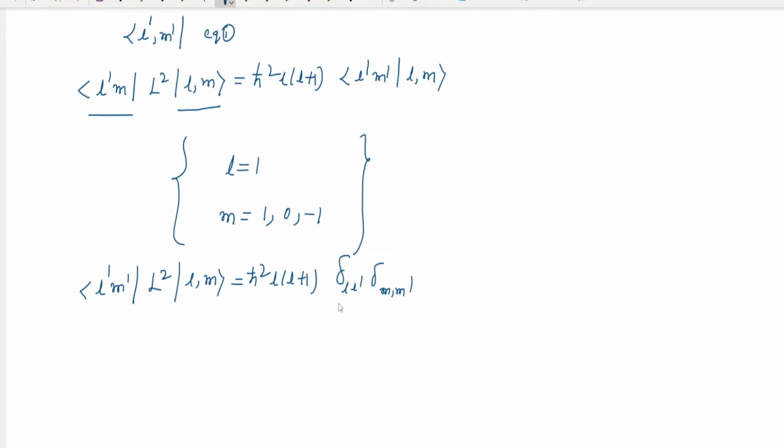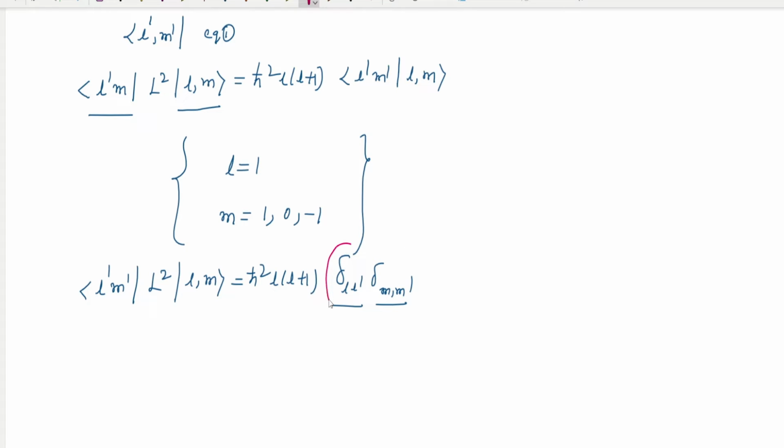So we know how to check these values. We already did it in 2, 3 classes. So if you don't know how to check this value, then go and watch the video on the matrix representation of angular momentum. So that is no problem. If you can't watch those videos, I can explain here.